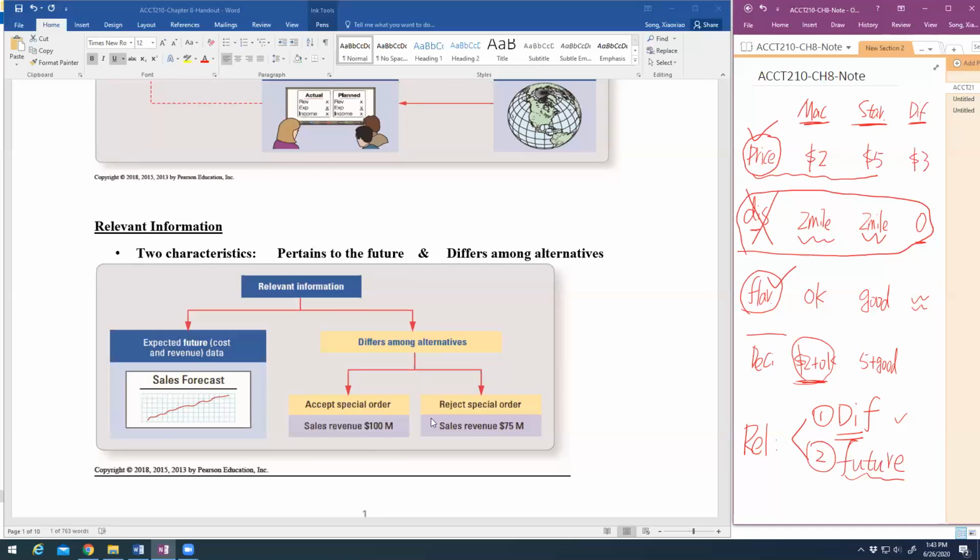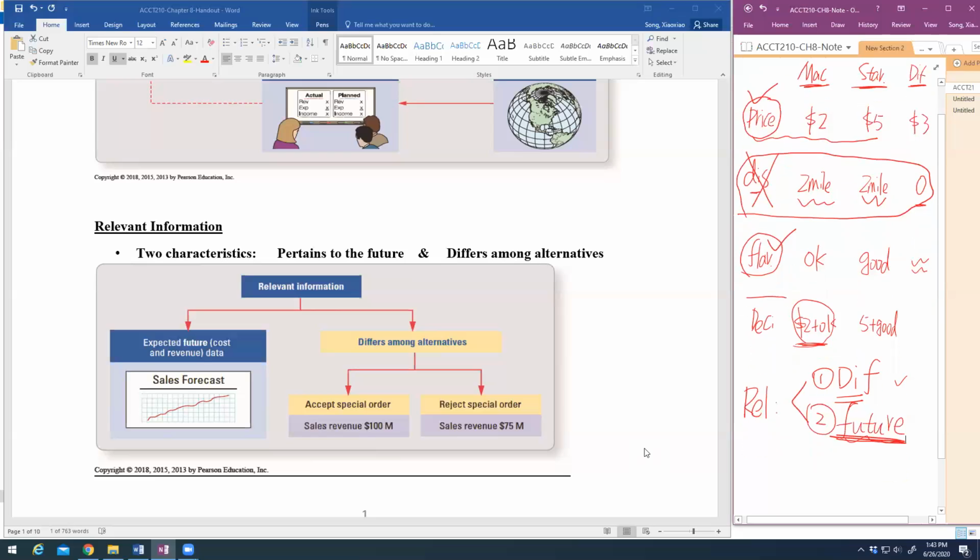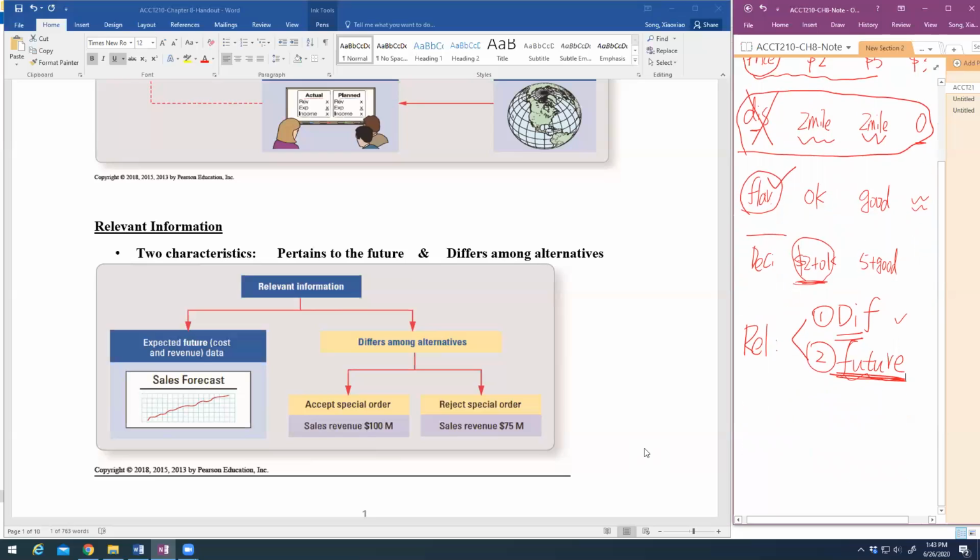The relevant information is only information that happens in the future. So what's already happened, just let it go. The sunk cost or historical cost is always irrelevant because it does not happen in the future.